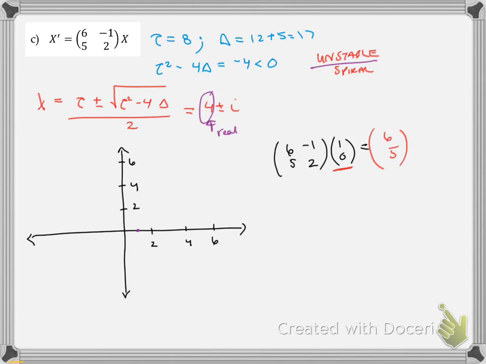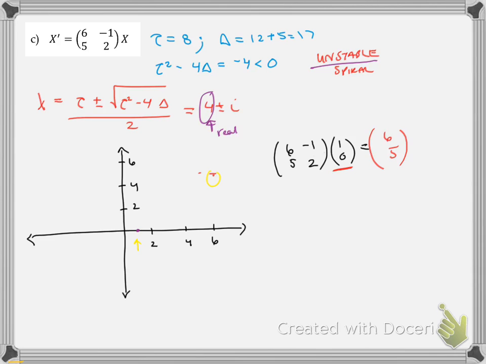Then if we look at 6, 5 on our graph, you don't have to plot it, but it would be what? Counterclockwise, right? Because we're looking at it from 1, 0. So if we're looking at 1, 0 and looking at 6, 5, then it's going counterclockwise.